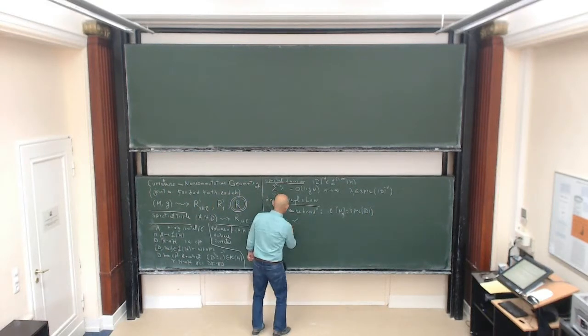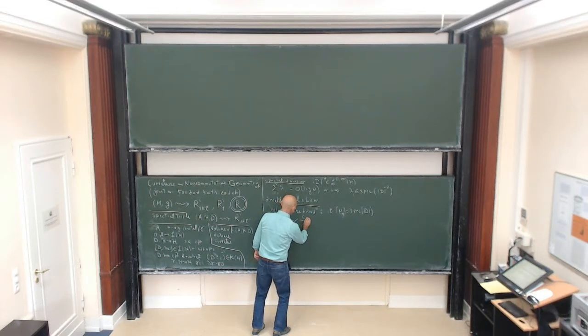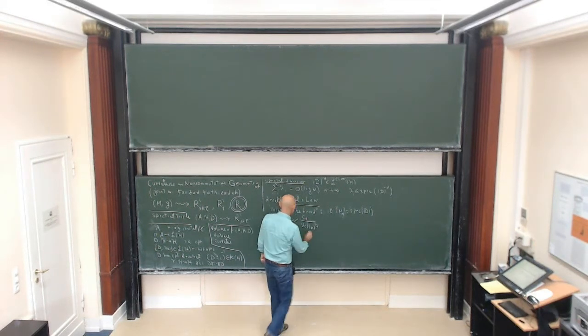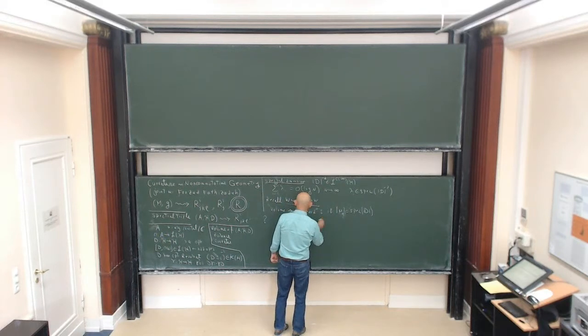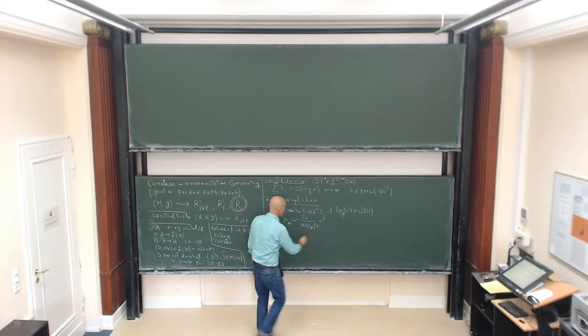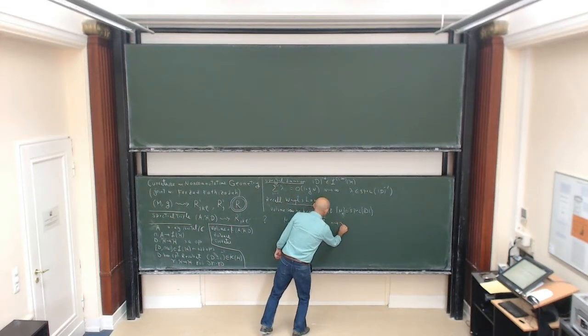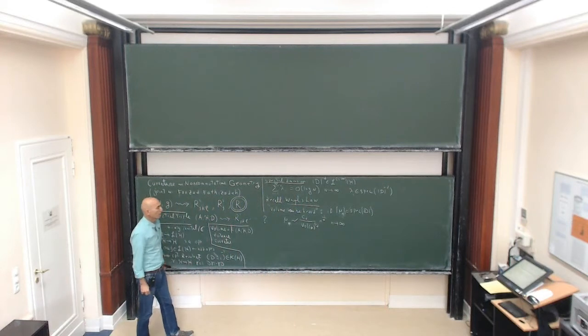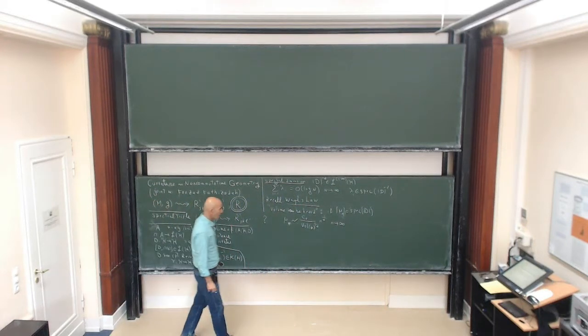So mu_n goes to infinity as some constant c_d, and then there is the volume of M to the power 1 over d, and there is n to the power 1 over d as n goes to infinity. So there is an asymptotic formula like that.